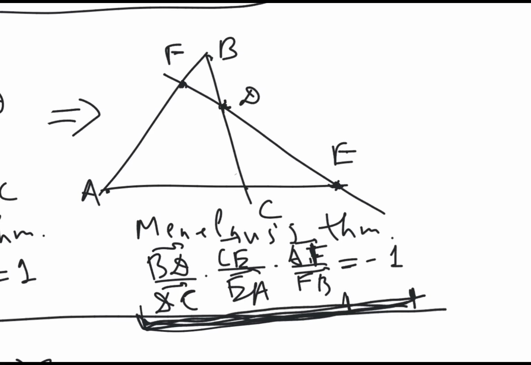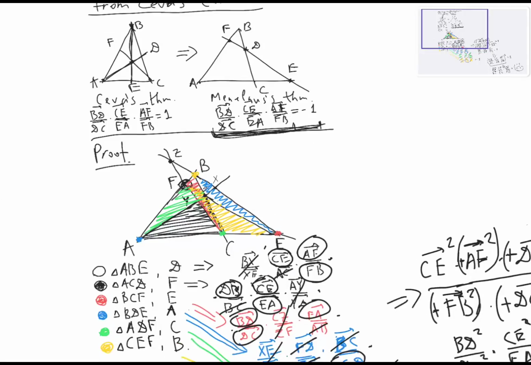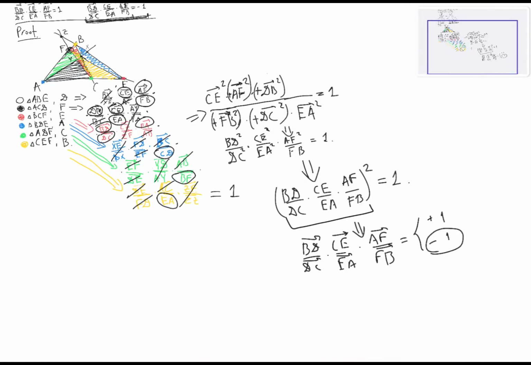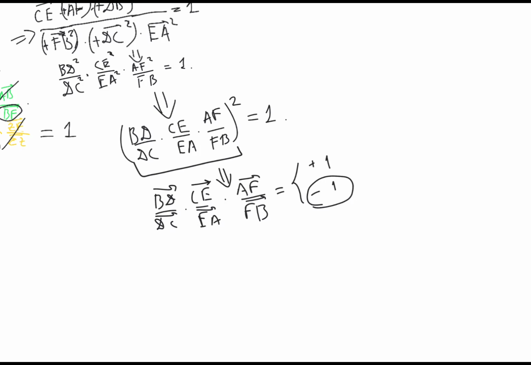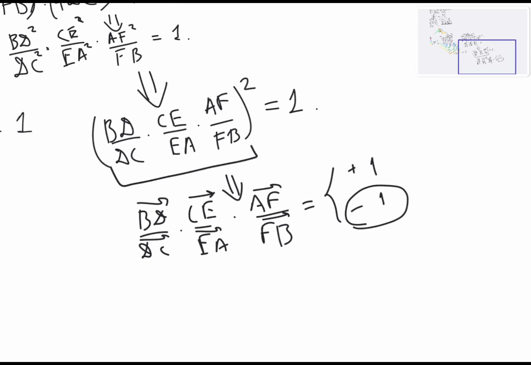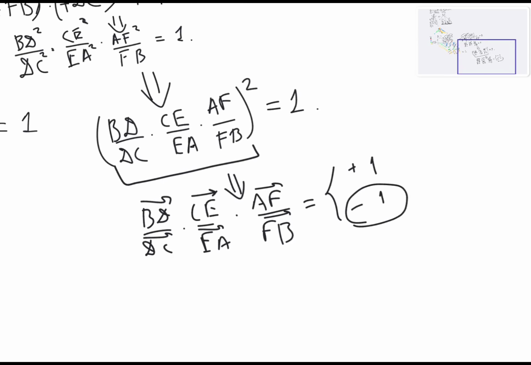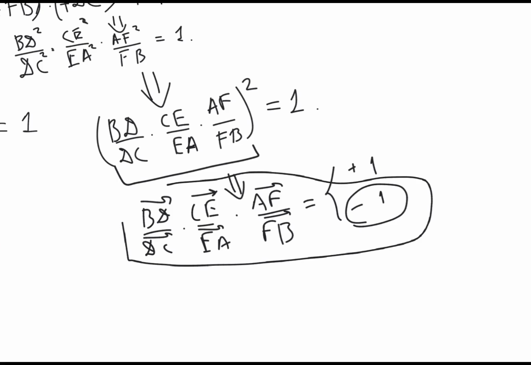It cannot pass through one side and two extensions. Yeah, so with this I omit this part of the proof, and we are done for the Menelaus theorem.